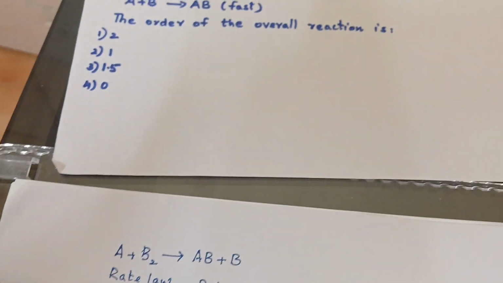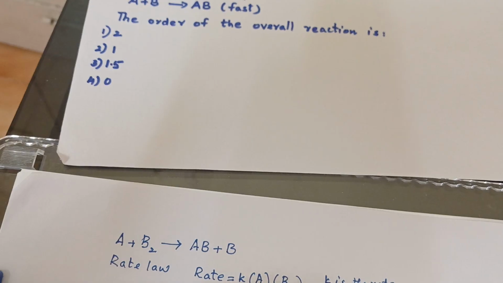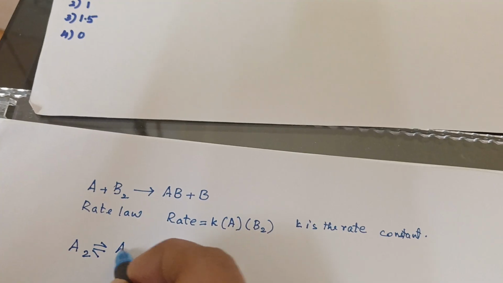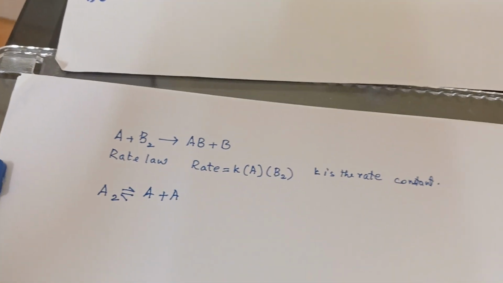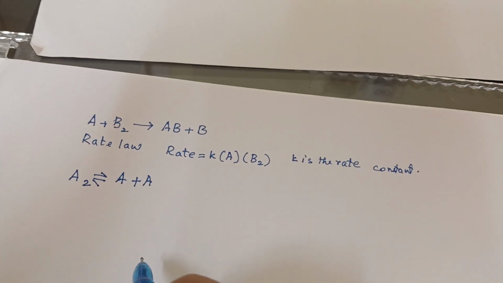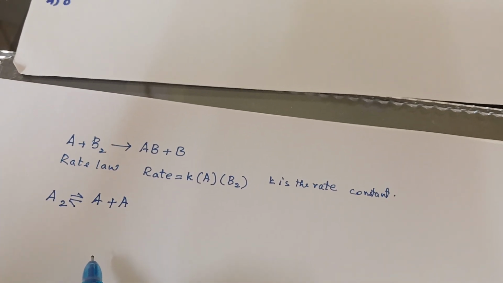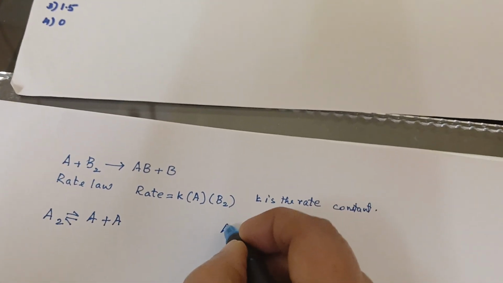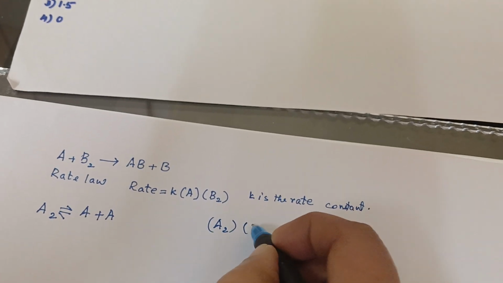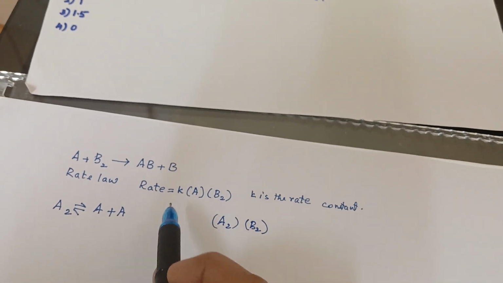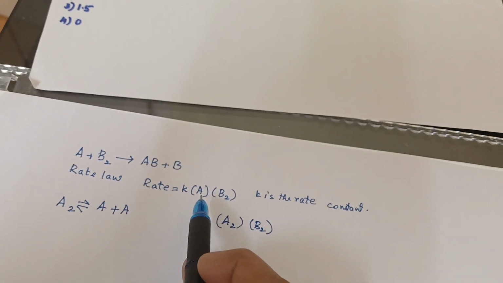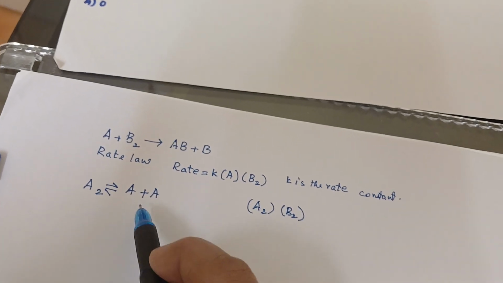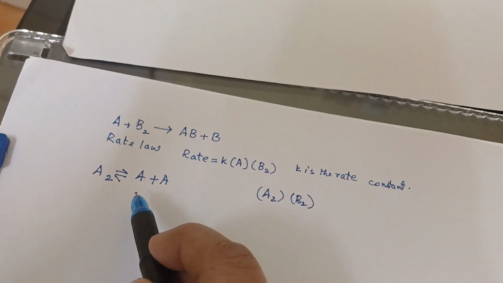So A2 is at equilibrium with A plus A. So the rate law has an intermediate, but we need to express it in terms of reactants A2 and B2, isn't it? But in this rate law which we have written, there is only the term A, which is an intermediate. So let us use this fast step.